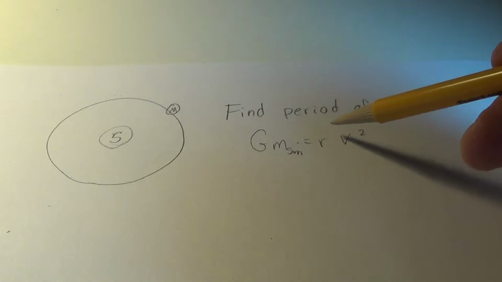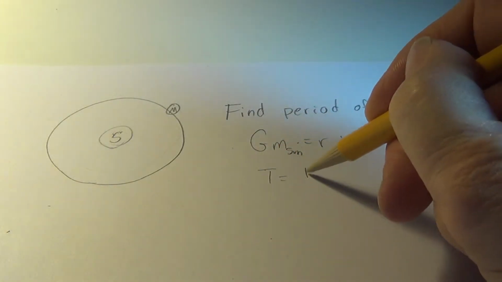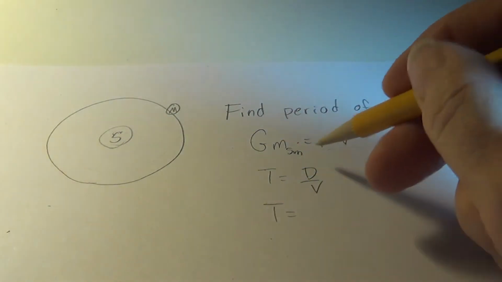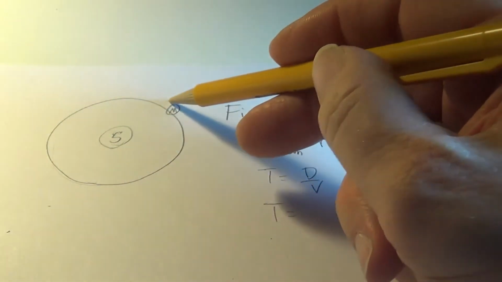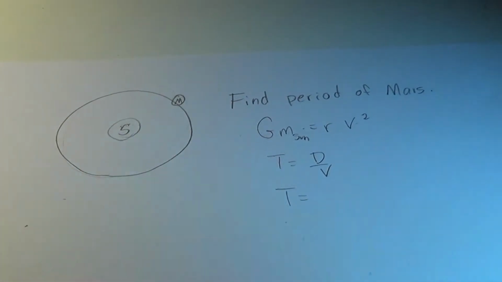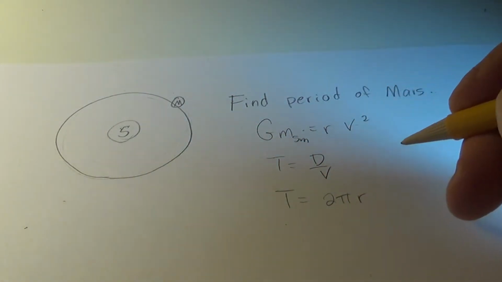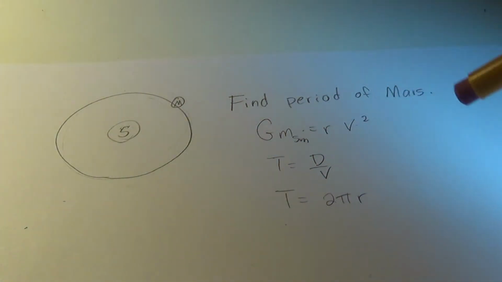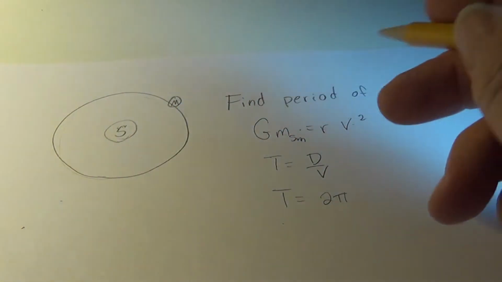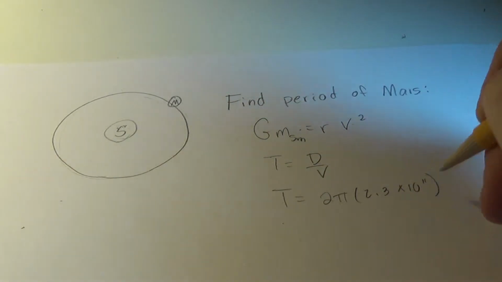So the equation I'll pull out is period is distance divided by velocity. The distance that Mars goes in its travels is the distance around the circle, 2 pi r, the circumference. R is known, and in this problem it was given, 2.3 times 10 to the 11th meters.